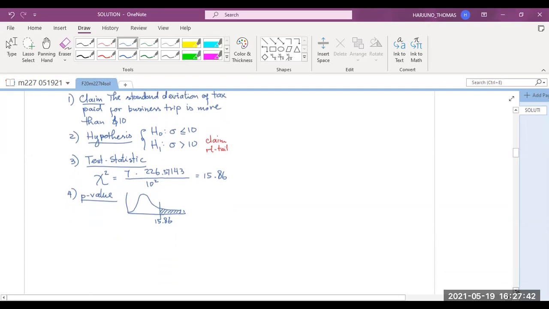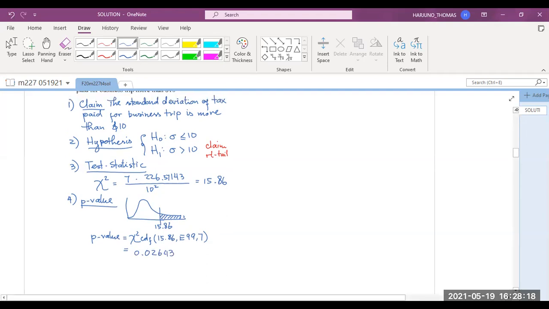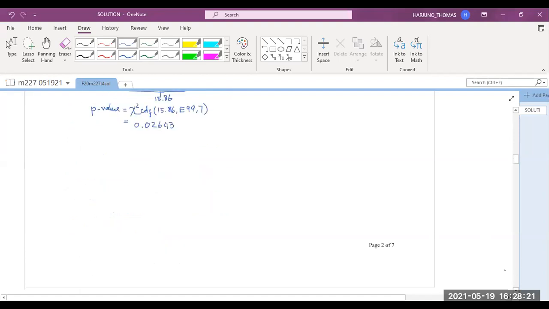So the p-value will be chi-squared CDF 15.86 to E99, degree of freedom 7. Get 0.02643. Oh, what is the alpha? 5%. Oh, this is less than 5%.